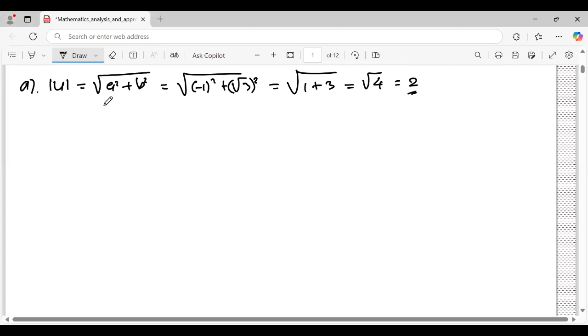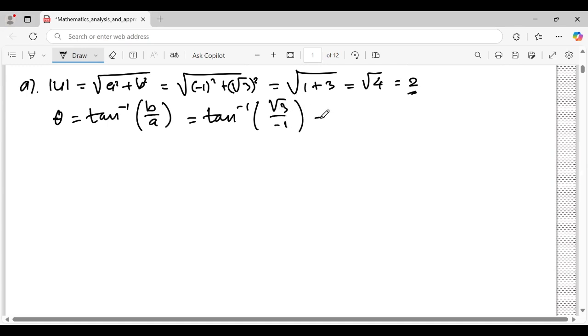The argument theta of the complex number u can be found using this one, theta equals arctangent b over a. Tangent for minus 1, root 3.